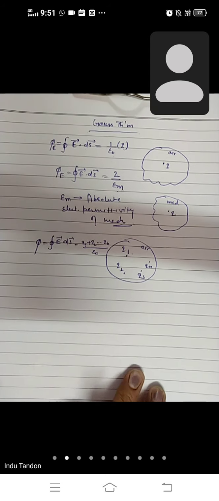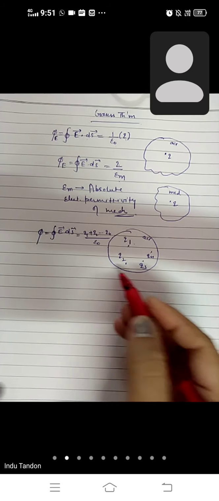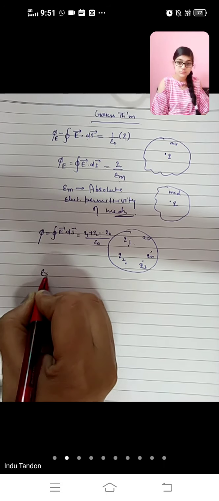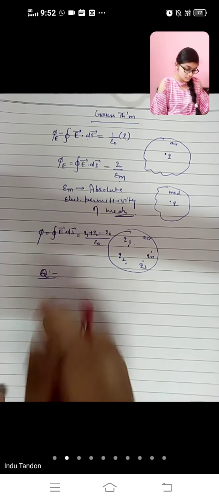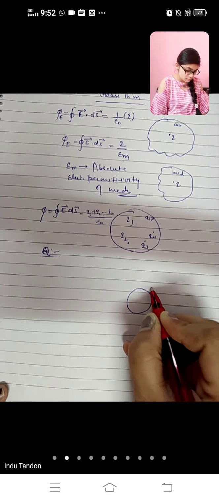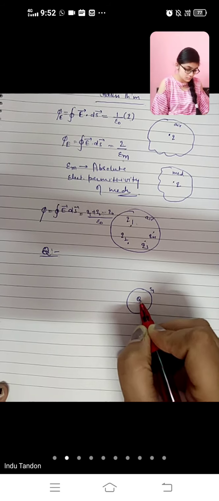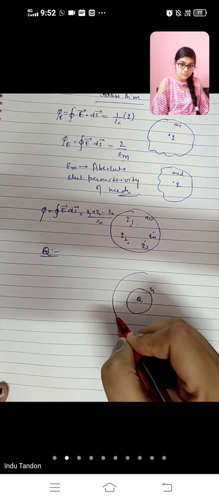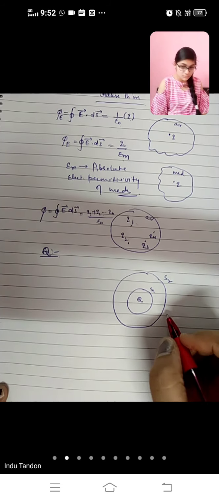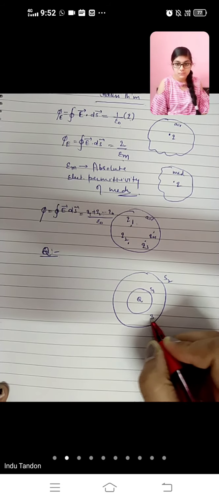Now, okay beta, I am doing one question. If there are two spheres, very important, this is a sphere S1 which includes the charge q, and this is a sphere S2 which includes the charge 3q.